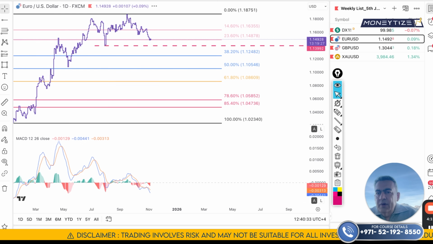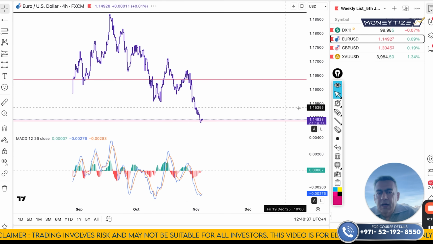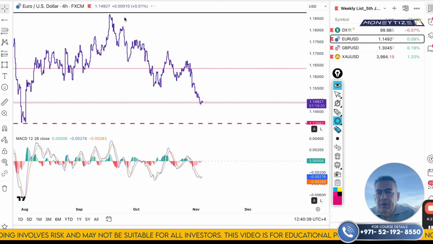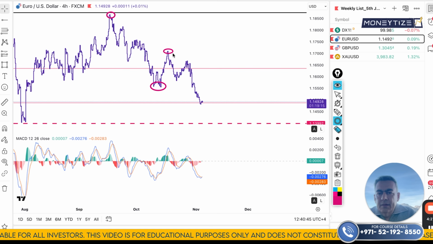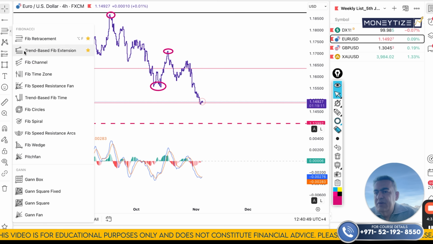I'm switching to 4H, and on the 4-hourly frame, I'm gonna connect the top with the first major low here and the pullback point. So basically, I'm gonna apply fib extension in the bearish direction here.